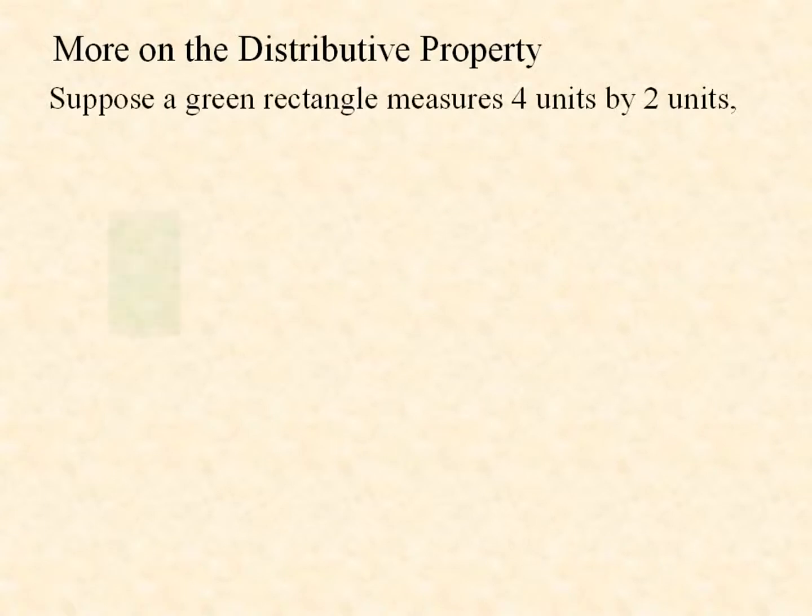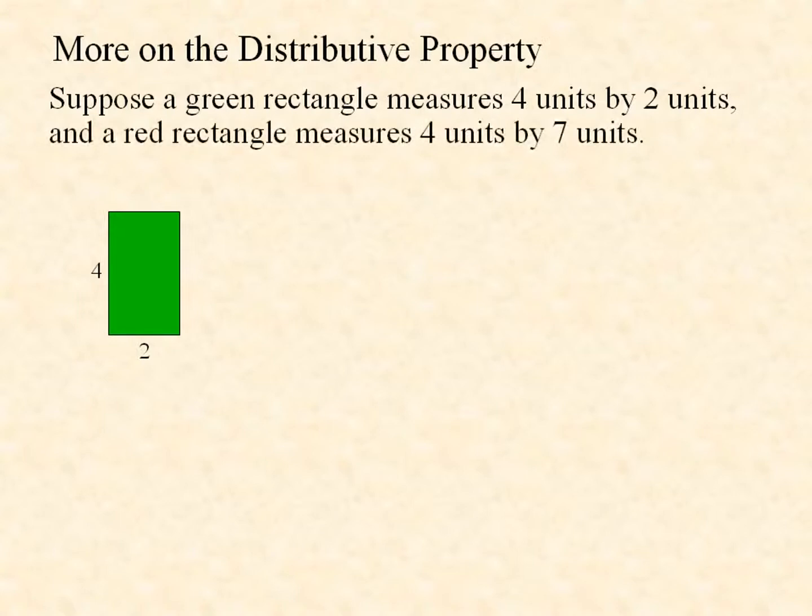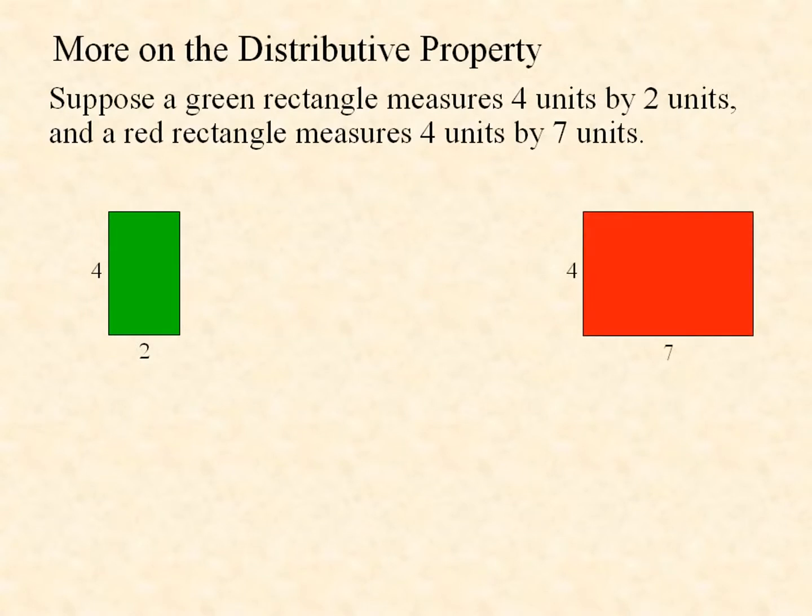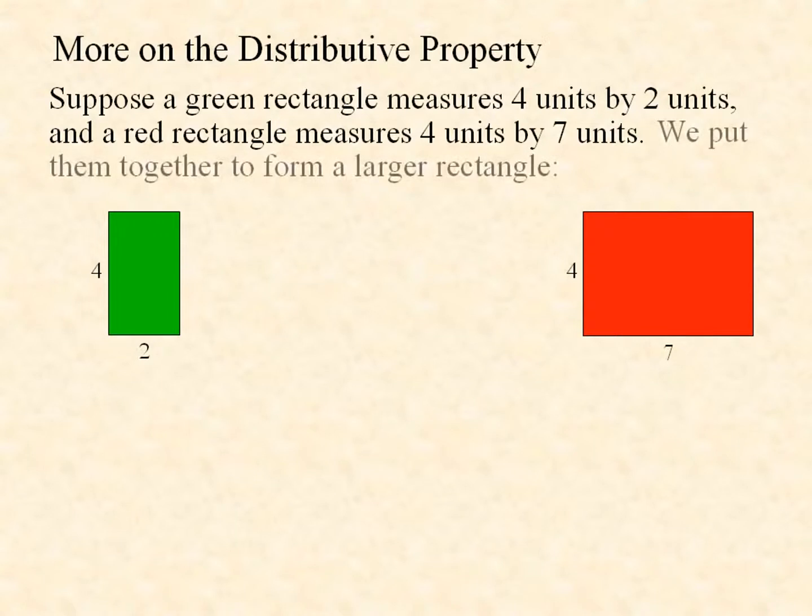We looked at something like this in Lesson 17. Suppose a green rectangle measures 4 units by 2 units, and a red rectangle measures 4 units by 7 units. We put them together to form a larger rectangle.